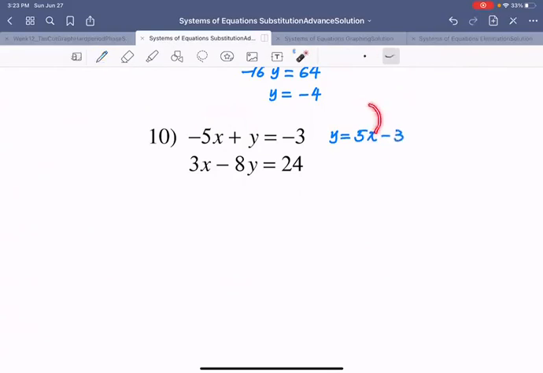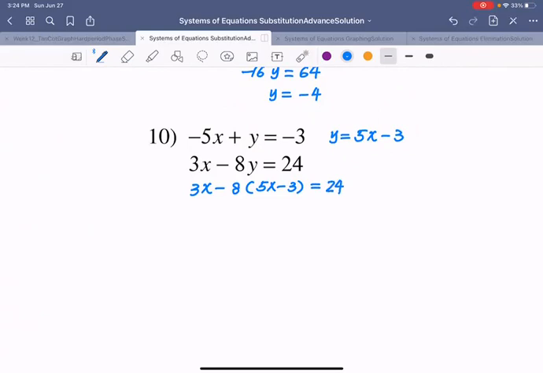Now you can plug in this guy to here, right? You plug in this guy over here, okay? 3x minus 8 times, read it. 5x minus 3. Okay.